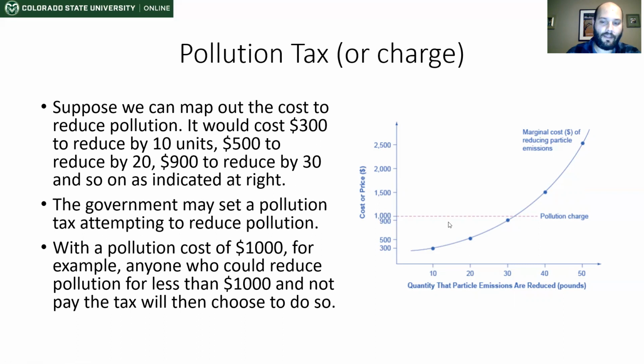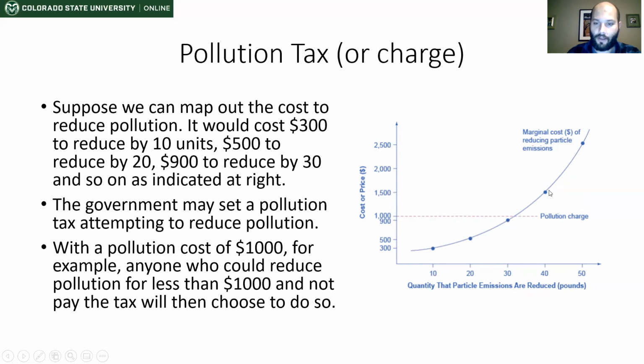So then the idea is that anybody who could reduce pollution for a lower cost than paying this tax will do it, right? So this only costs 300 to reduce. These companies would rather stop polluting this amount than pay the 1,000. Same for these companies and so on.